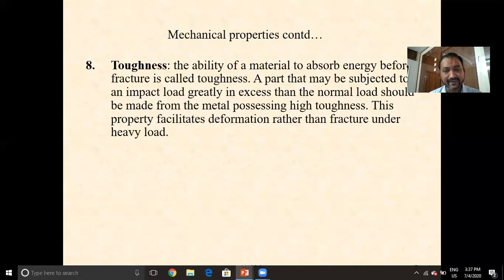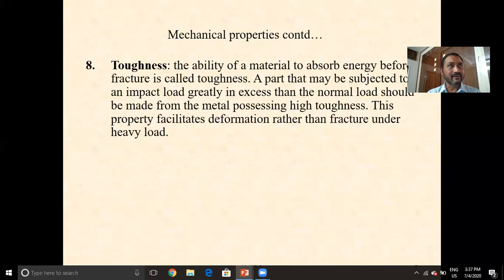So mild steel has a higher toughness value as compared to cast iron, and so cast iron will break easily and is called a brittle material. Whereas mild steel will absorb more energy and will not break.